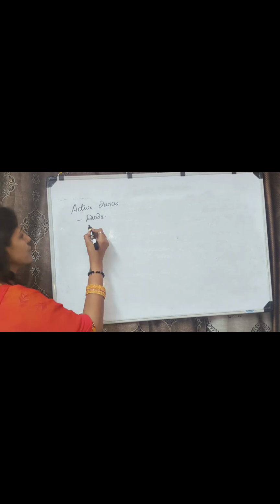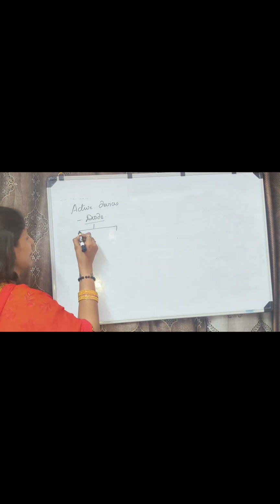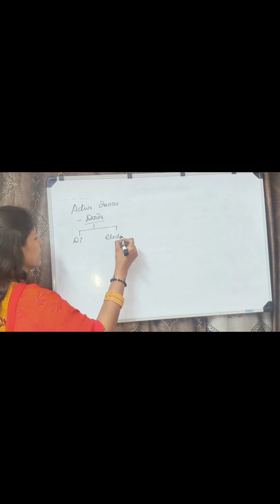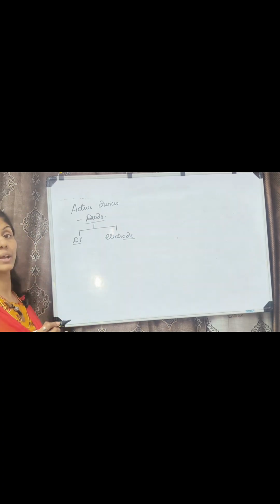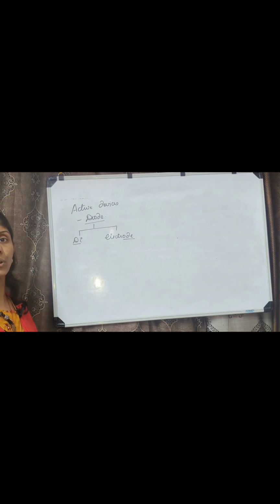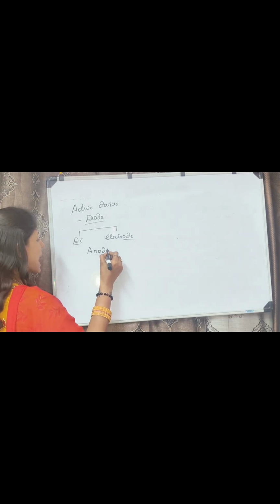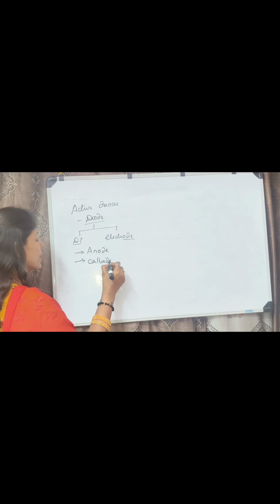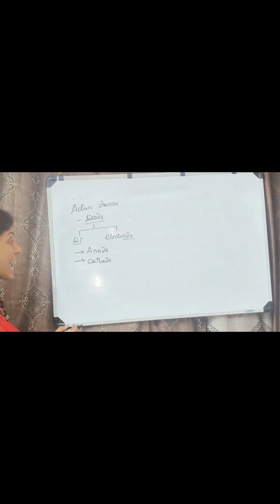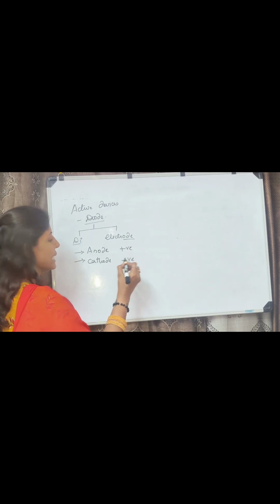Okay. See, from this word itself, you can separate it into two words. One is "di" and another one is "electrode". So diode is a di-electrode. So there are two electrodes: one electrode is the anode and the other electrode is the cathode. The anode is positive, the cathode is negative.